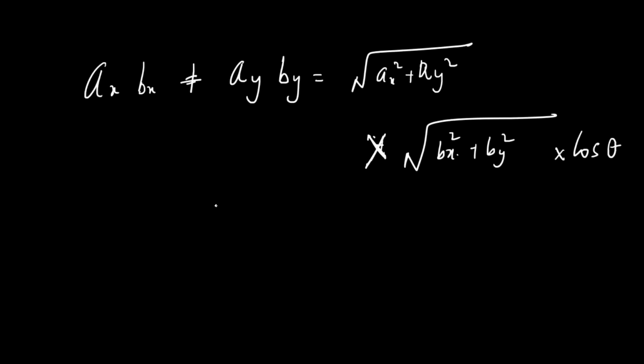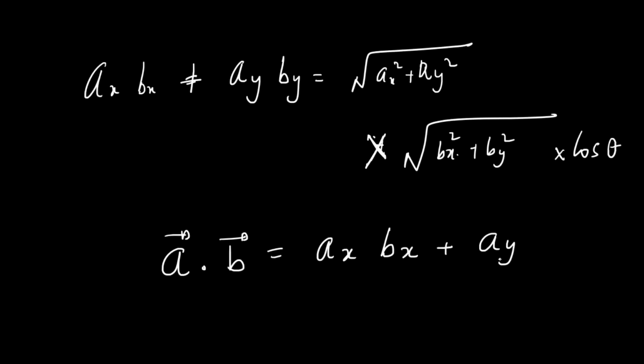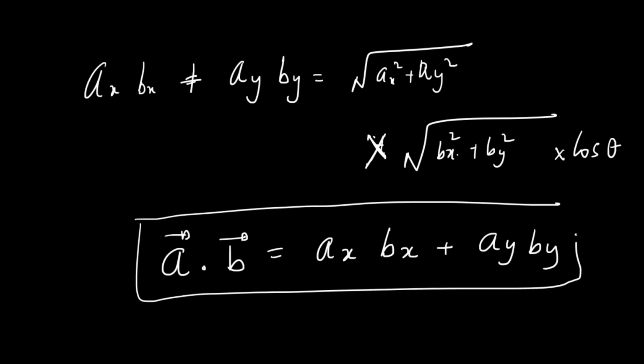All right. This is not something to be memorized. This is just a quick application of what we have learned. What you need to memorize is this. It's so symmetric that it's hard to forget it.